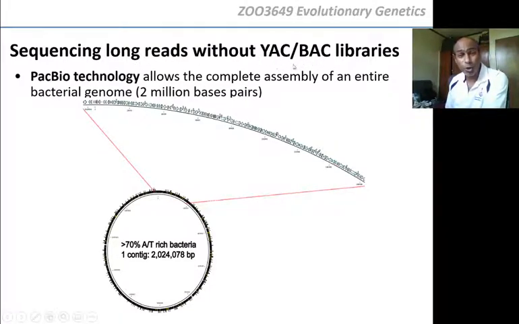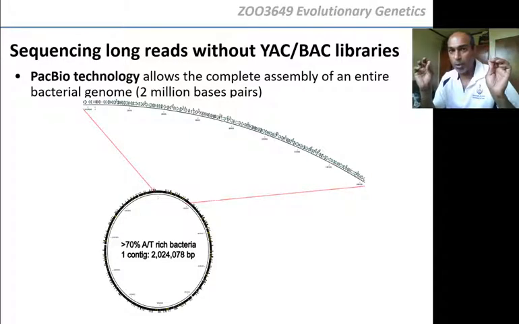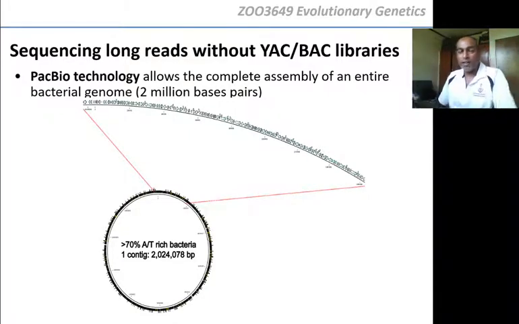This is a huge cost in assembling a reference genome. You have to put each and every big piece into a YAC or BAC library. Imagine you don't have that cost. Imagine you can just sequence 2 million base pairs without PCR and without a library. That is what the PacBio technology is allowing us to do these days.